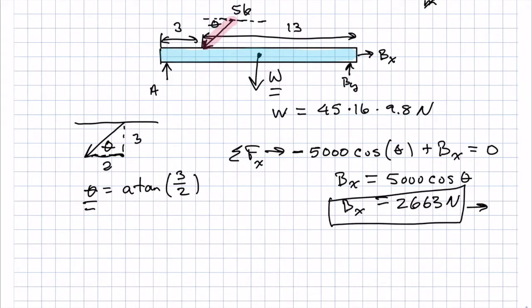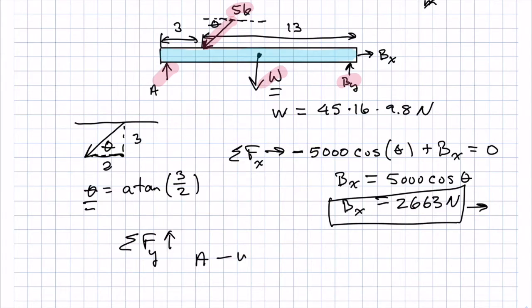Now we need to do the sum of forces in the y direction, taking up as positive. We have A, and then we have W, and then we have to resolve the 5K into a vertical component. And of course we have B. A is positive because it's moving up.